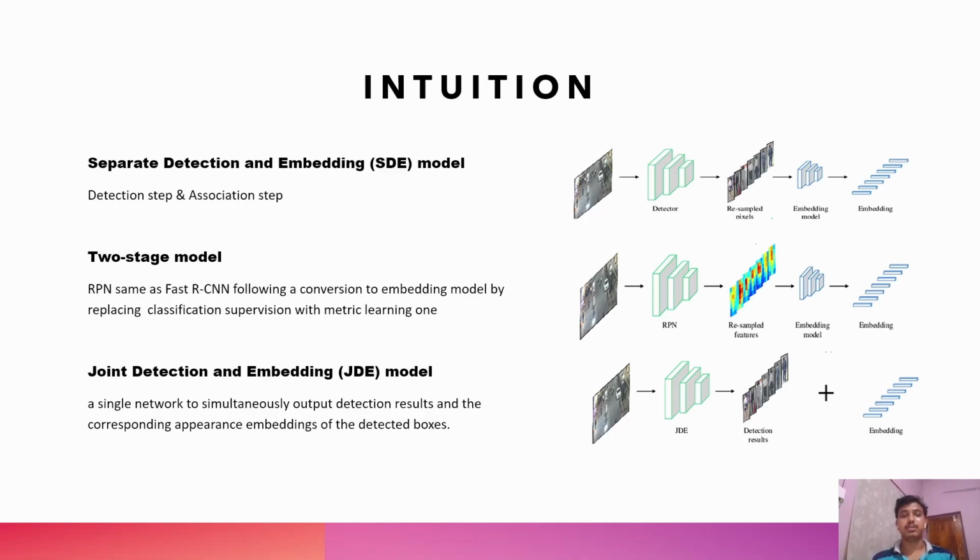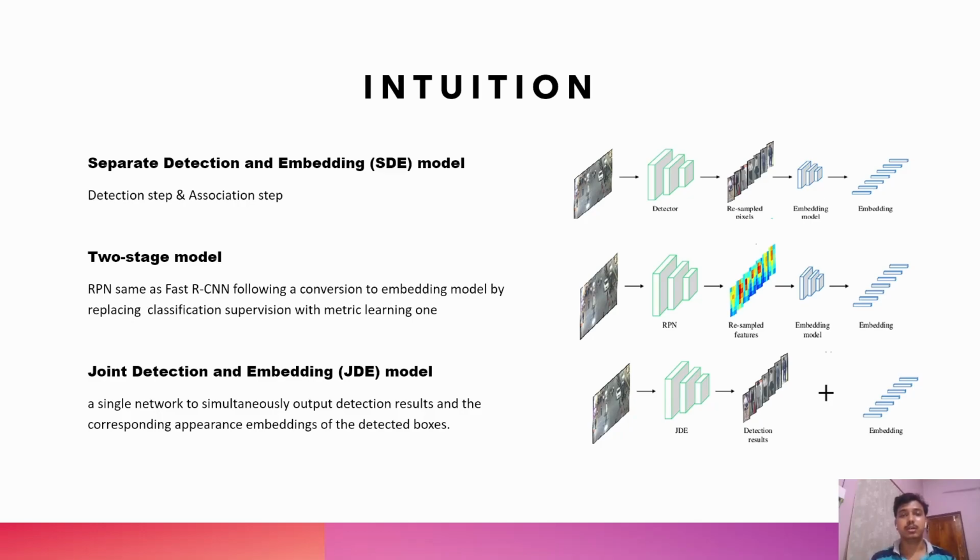Both the SDE model and the two-stage model are not efficient in performance and speed due to the inclusion of two phases, that is detection and embedding or association. Both use resampled pixels and feature maps for the embedding purposes.